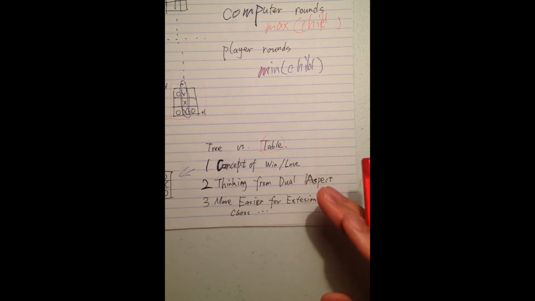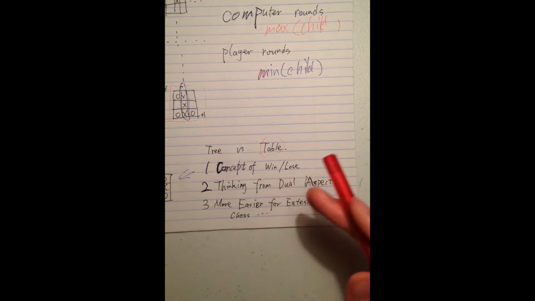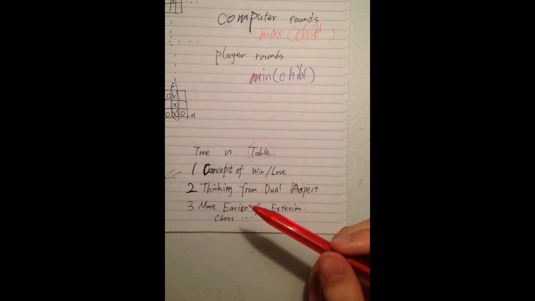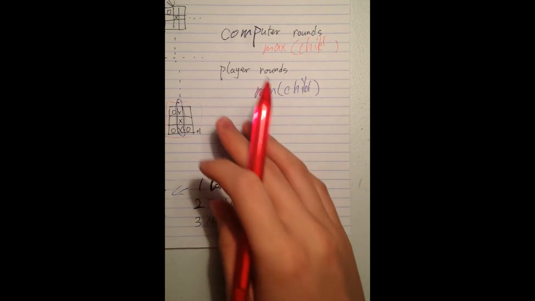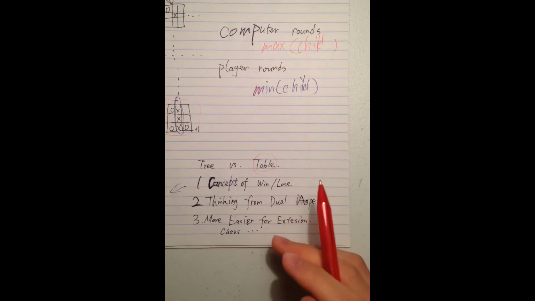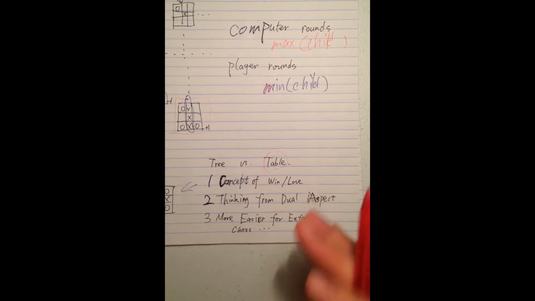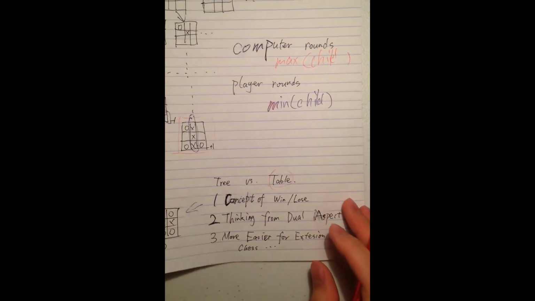Not only standing on the AI's side, we also consider the competitor, the player, and what they're going to do. Third, we make it easier for extension. For example, we can easily change it into chess once we set up the rules in the definition of winning or losing, and the key idea is all the same.